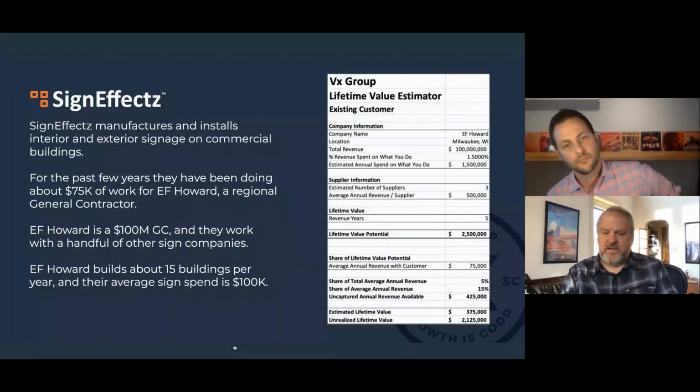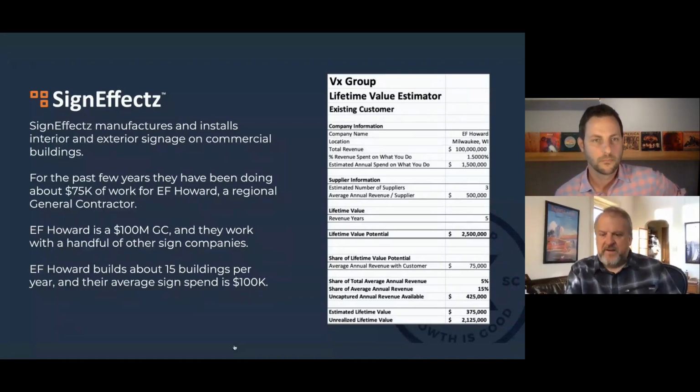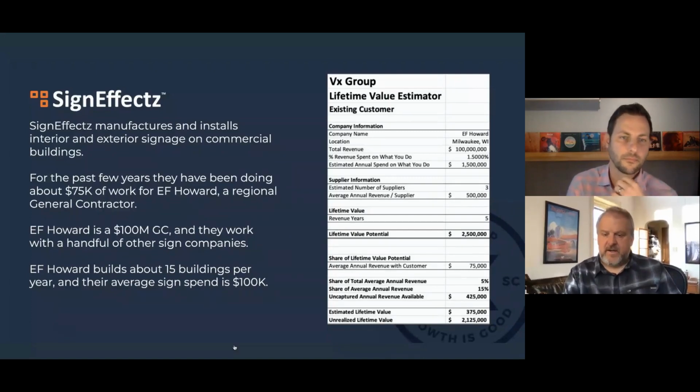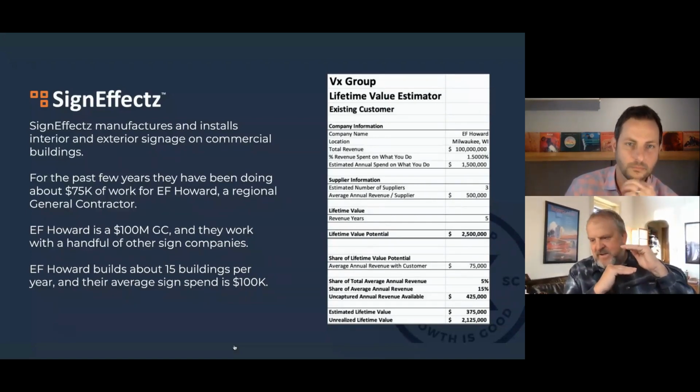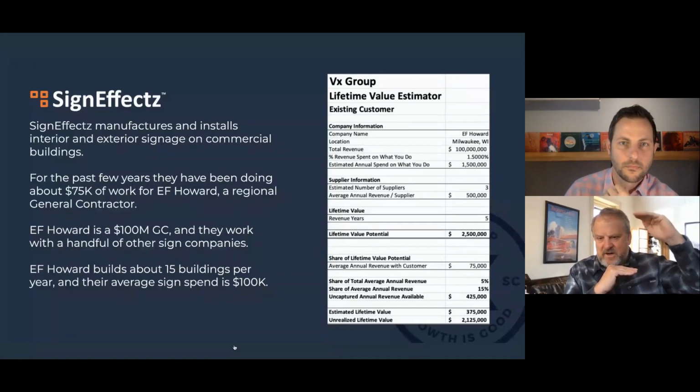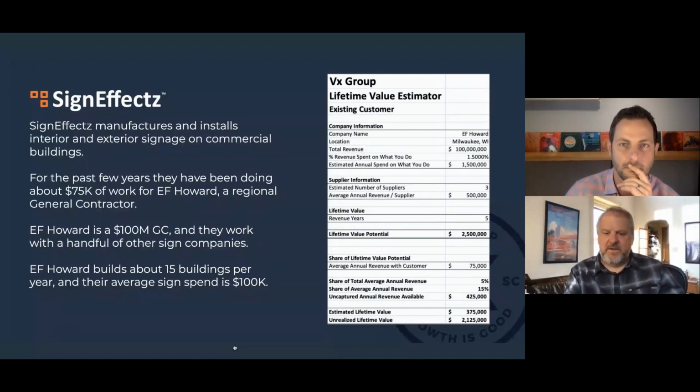And our share of the total average revenue is 5%. So we're about a 5% player with this business. And we've got $425,000 a year in uncaptured annual revenue. So there's that much headroom, again, to just be average. You don't even have to take a bigger share than your competitors, but obviously a considerable amount of room for the business.